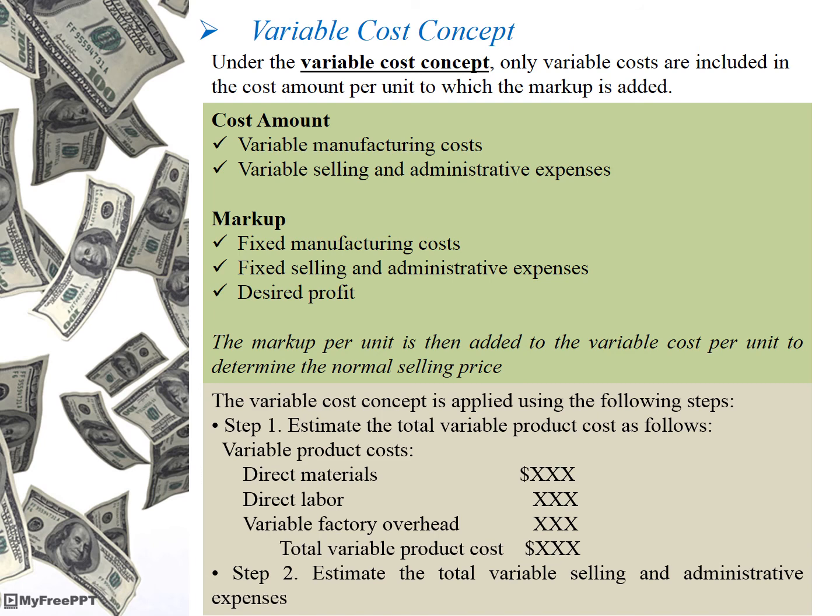The variable cost concept is applied using the following steps. Step 1. Estimate the total variable product cost as follows. Direct materials plus direct labor plus variable factory overhead is equal to total variable product cost. Step 2. Estimate the total variable selling and administrative expenses.